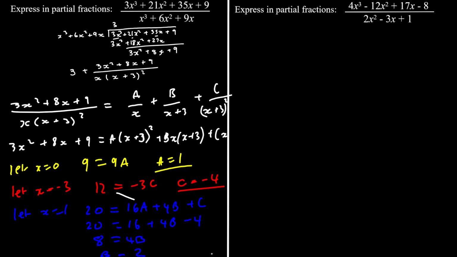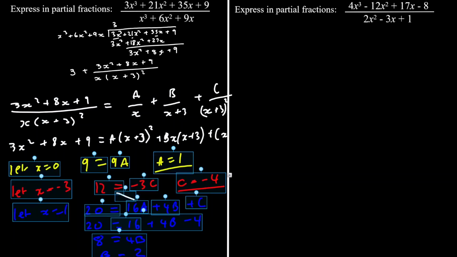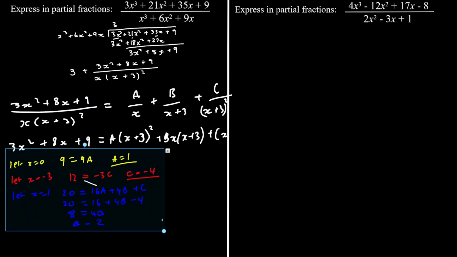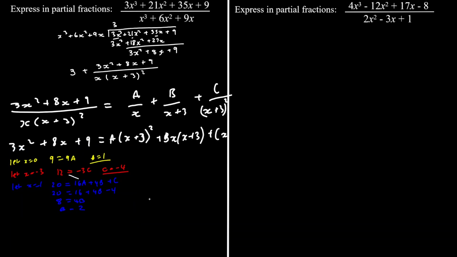B is 2. So we have 3 plus A over x, 1 over x, plus B over x plus 3, 2 over x plus 3, minus 4 over x plus 3 squared.